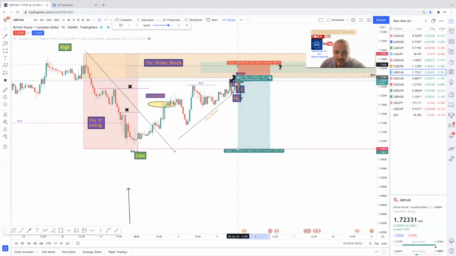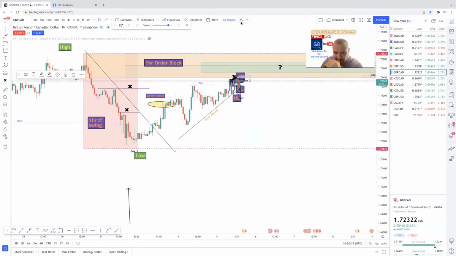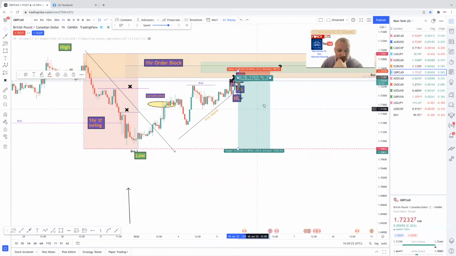Holding price there, that's still going to give a risk to reward of 1 to 5.55. Reason why I did the 50% there is simply because of the initial order block within that 1 hour time frame. But I'm going to risk it and go for the 15 pips for the higher reward, to be fair.